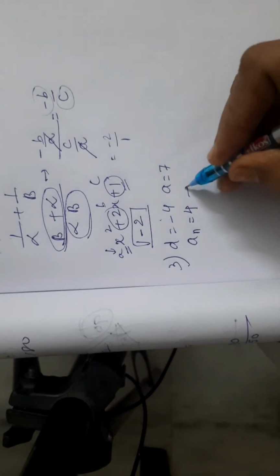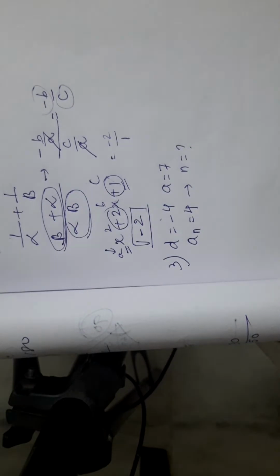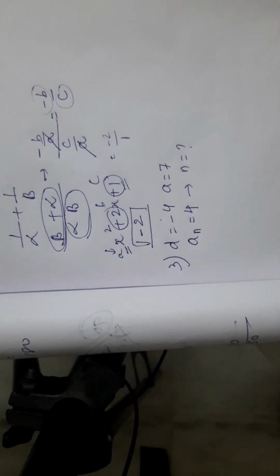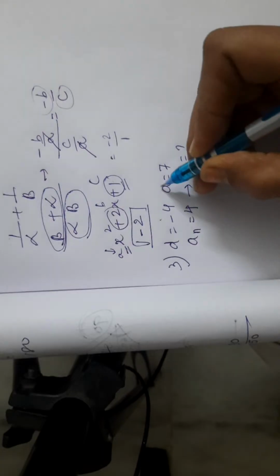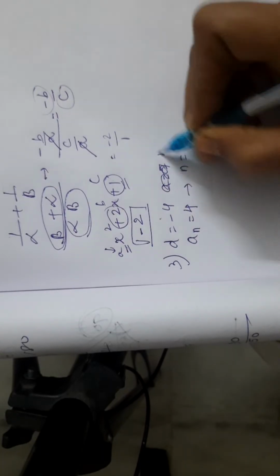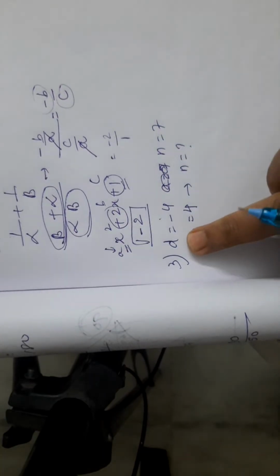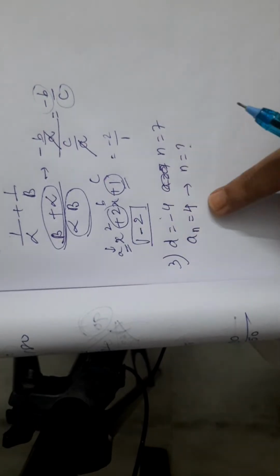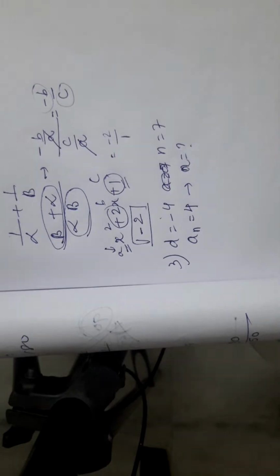We need to find the value of a. Repeating once again, d is given as -4, n is given as 7, a n is given as 4. We need to calculate the value of a.